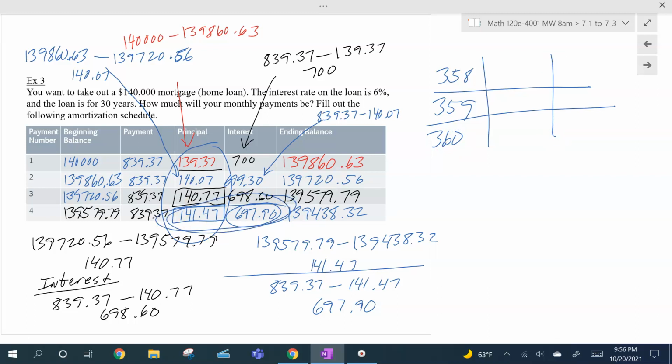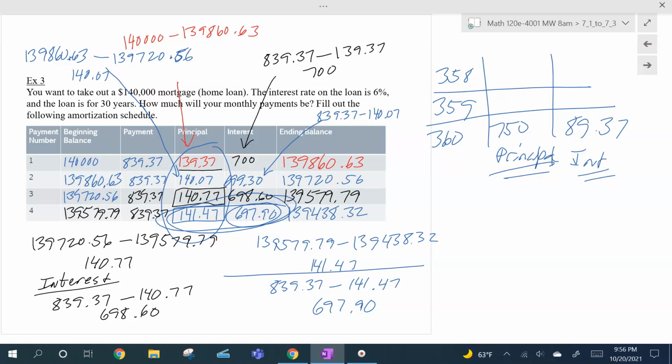Like all of a sudden, your 750 bucks is going towards your principal, and whatever the difference is, $89.37 on your last payment, or whatever it is, is going towards the interest, right? They completely flip-flop by the end, right?